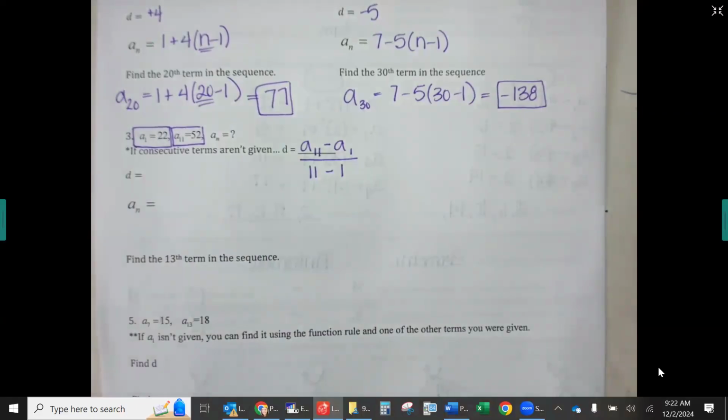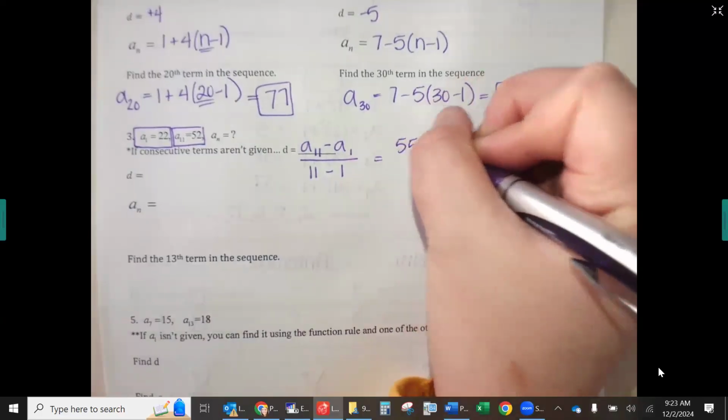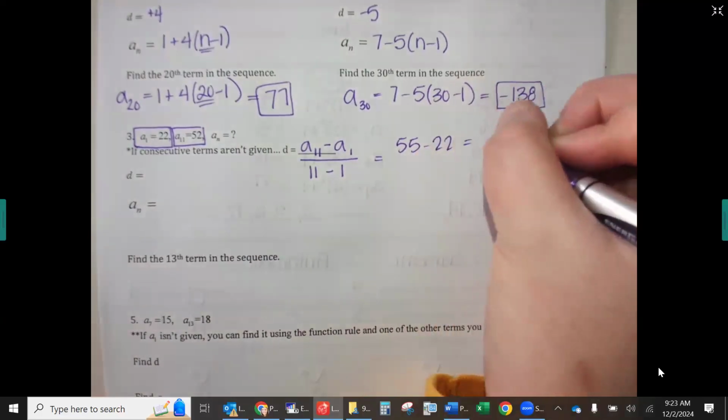Okay, and here's why you want to do that. If I subtract the terms, that'll tell me how big or how much smaller it got. But then if I divide by how many terms passed, I can essentially split up how much it jumped each time. So looking at your numbers, what is 52 minus 22? Okay, 30.